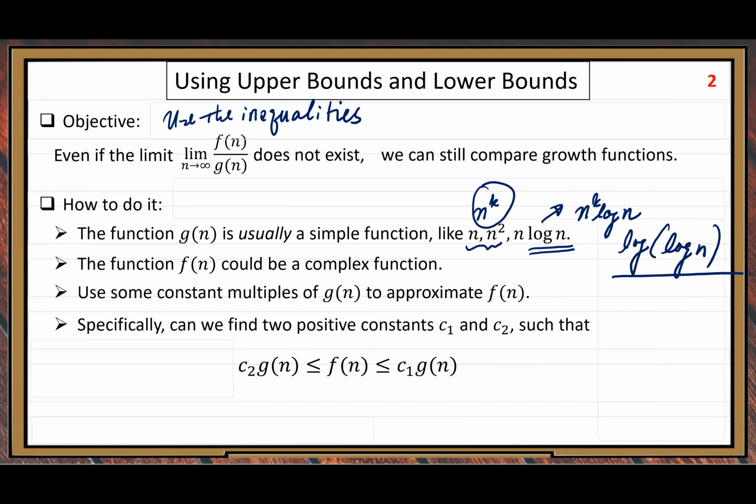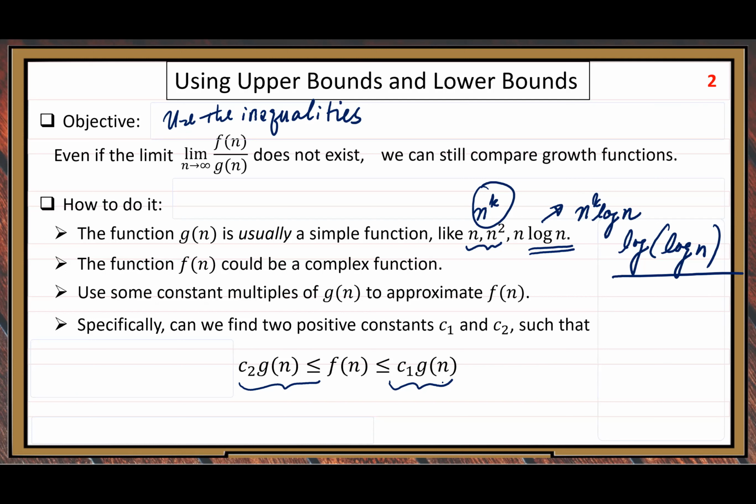This is the lower bound, C2 multiple of g as the lower bound of f of n, and C1 multiple of g as the upper bound of f.